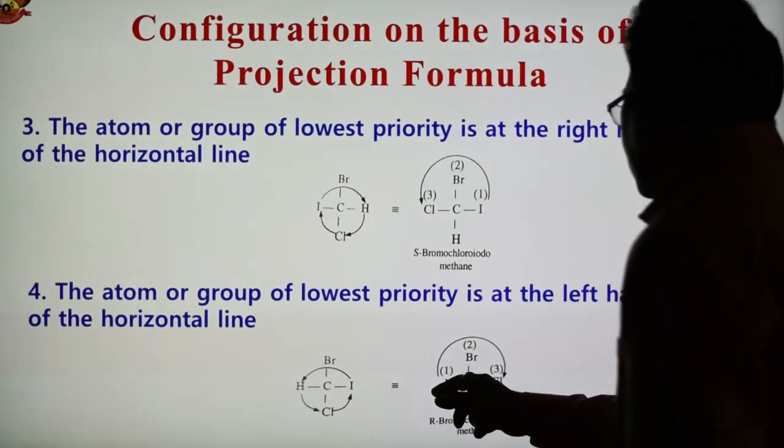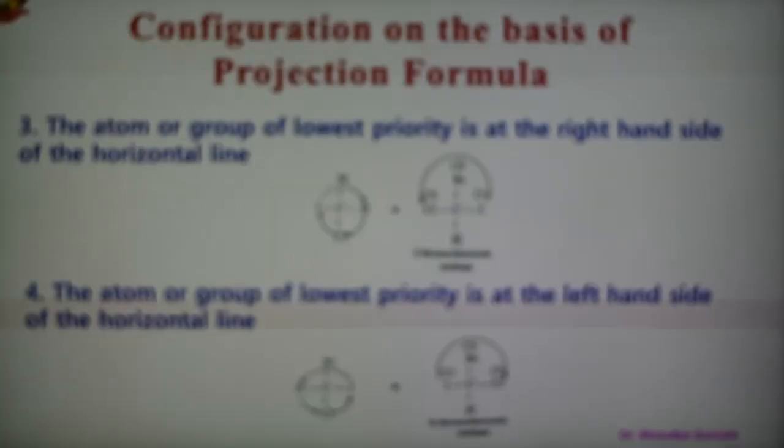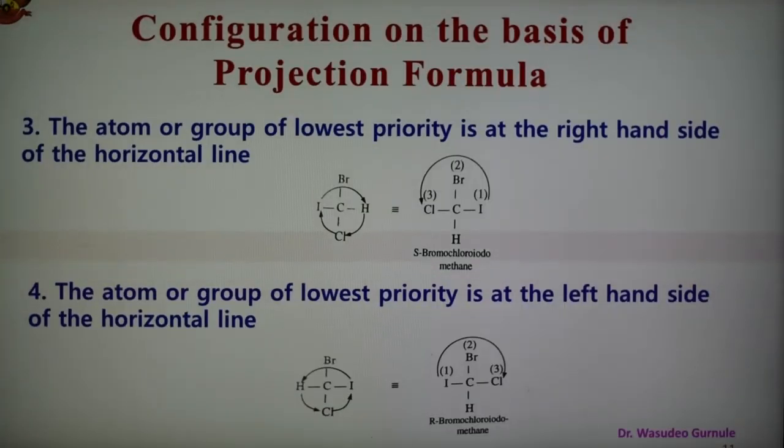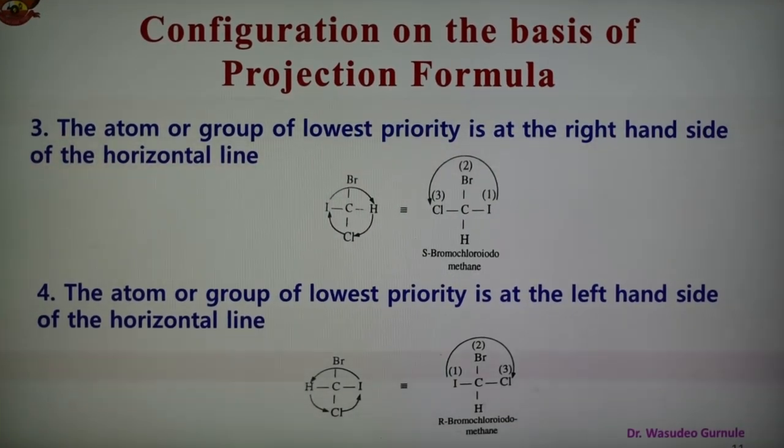In this case, we have to move so that the lowest priority comes at the bottom, without changing the position of the atom or group at the top of the vertical end. Change the position of the other atoms or groups in anti-clockwise direction so that the atom or group of the lowest priority comes at the bottom. Then find the direction in order of decreasing priorities.